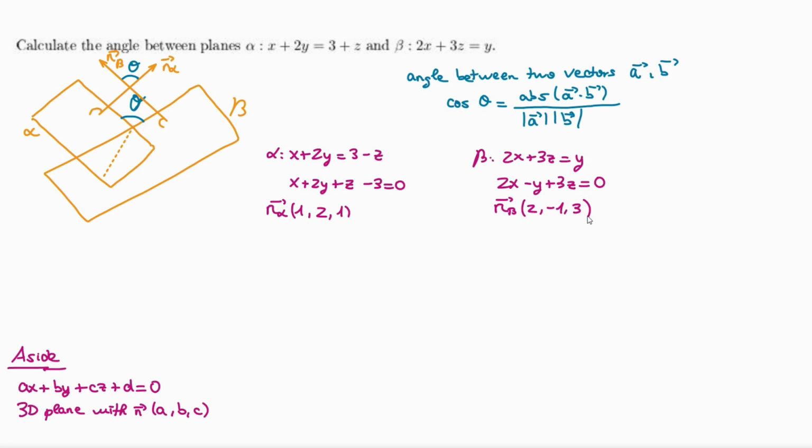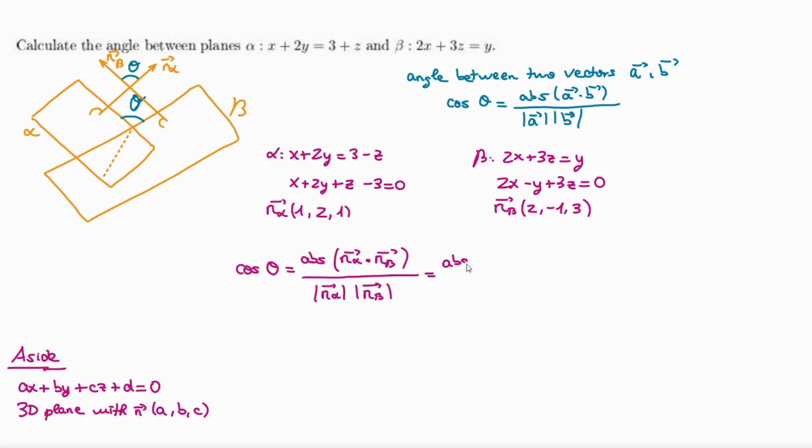Okay. Now insert them in the previous formula in blue and calculate the angle. So now cosine theta equals the absolute value of the dot product. Well, I'll write the formula first. N alpha dot n beta divided by the length, the modulus of n alpha times the length of n beta.